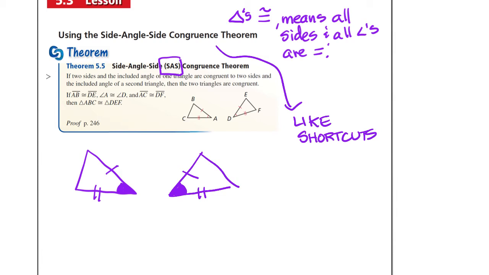If they're congruent, basically that means that's the only way that those pieces can fit together, and that is enough to be able to say that the triangles are congruent.